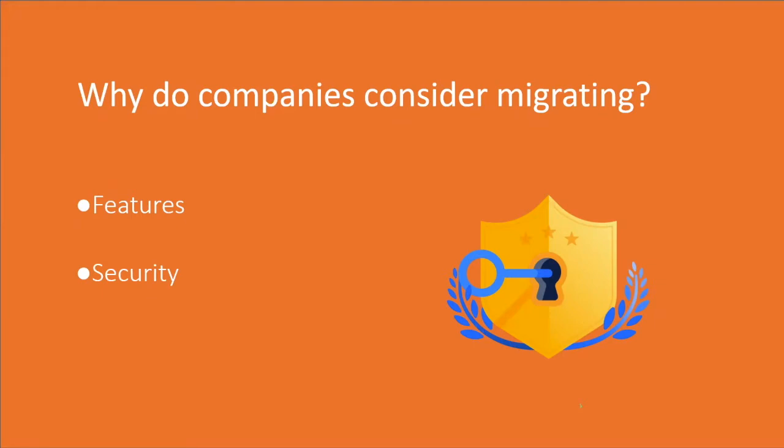Some customers migrate to Atlassian Cloud because they won't have to take care of their hardware or data center security, because Atlassian will take care of that for them. Atlassian Cloud is also certified for SOC, ISO 27001, Privacy Shield, and several other valuable certifications.